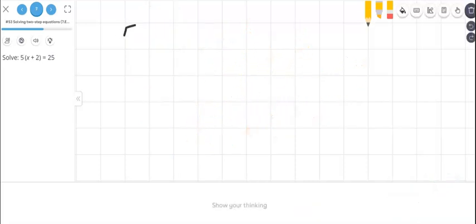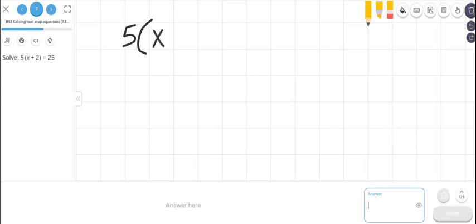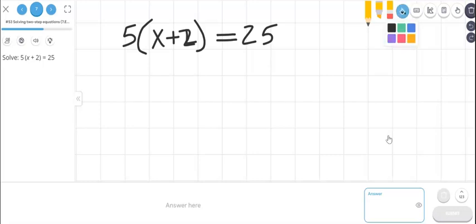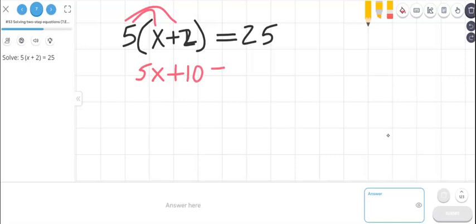Alright, so this one we got 5 parenthesis x plus 2. Now there is a different way to do it if you didn't want to distribute, but I'm not going to show it to you. We go 5 times x is 5x plus, and 5 times 2 is 10 equals 25.